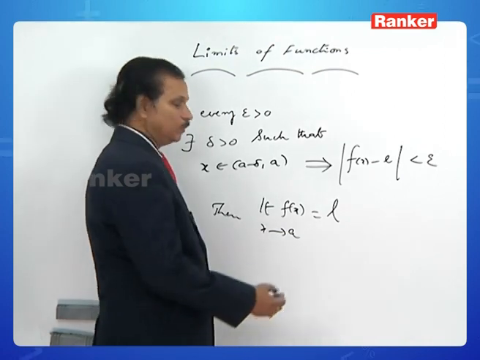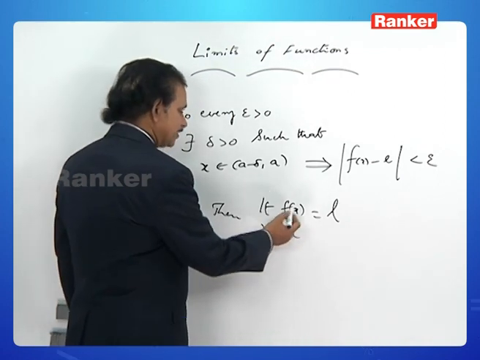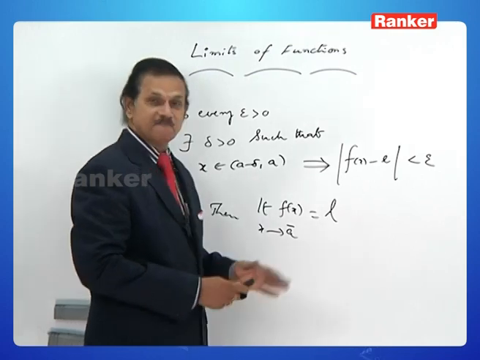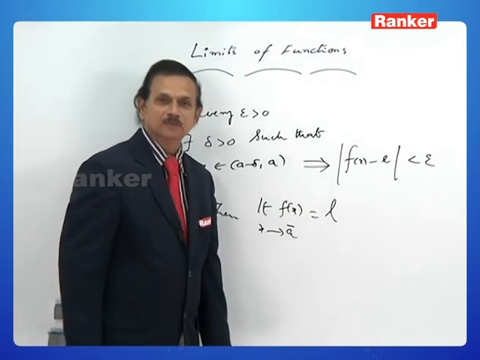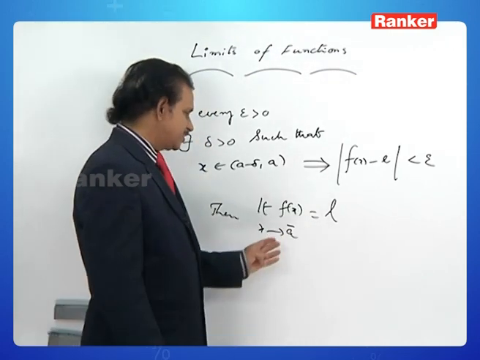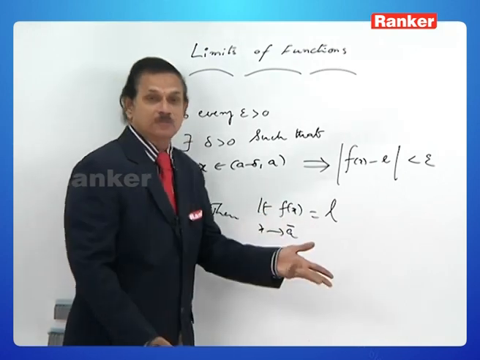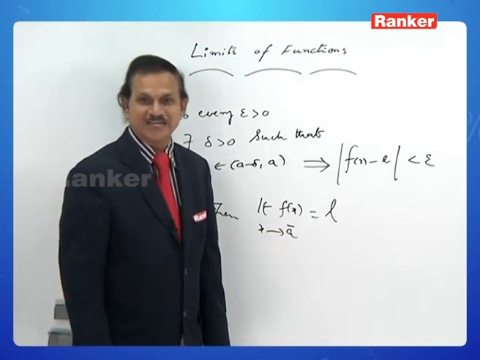In this case, we say that the limit of f of x as x tends to A from left is equal to L. We are not supposed to read it as limit of f of x as x tends to a minus. That is not the proper way to read it.